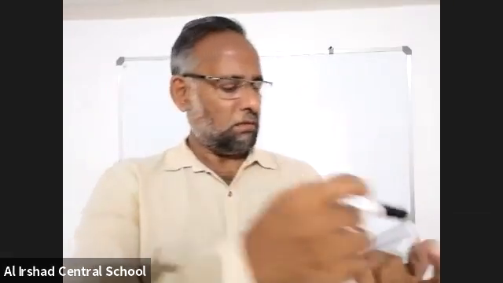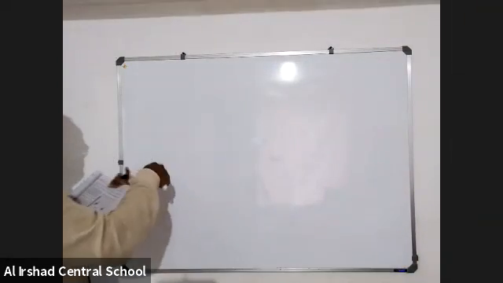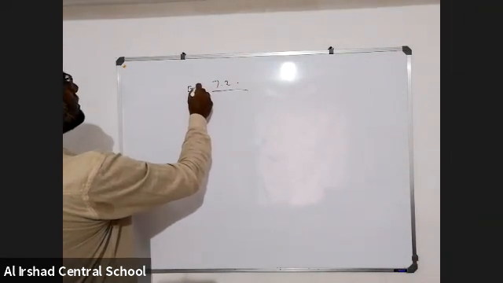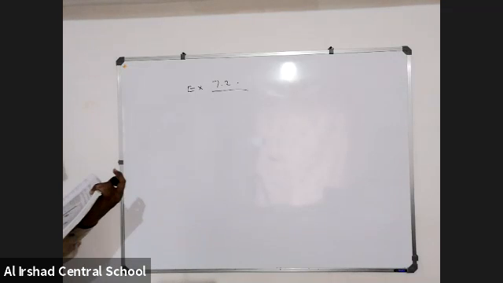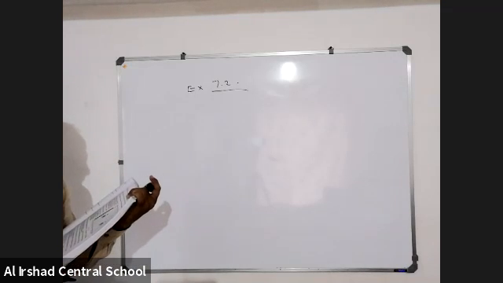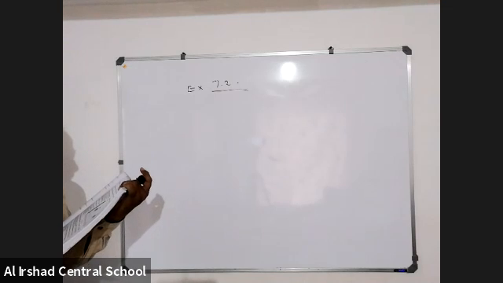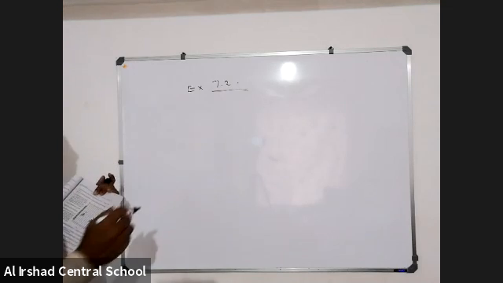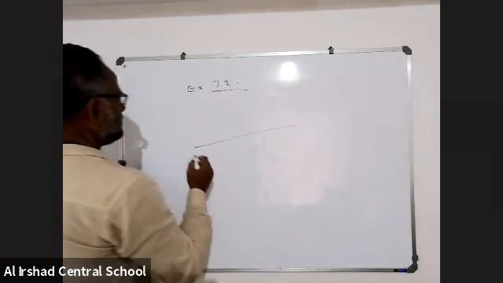Read the first question. 7.2. Find the coordinates of the point which divides the join of -1, 7 and 4, -3 in the ratio 2:3. Direct question only.